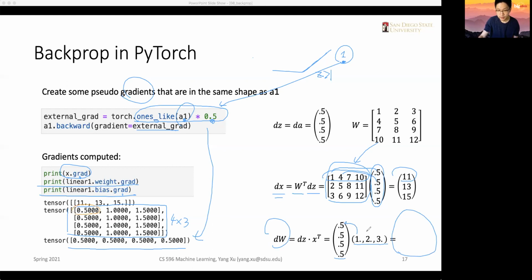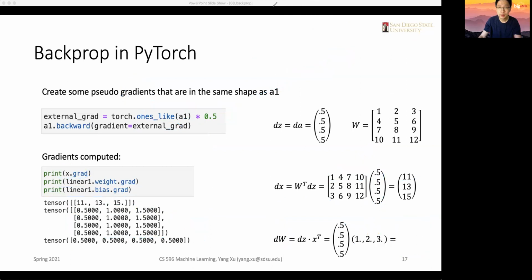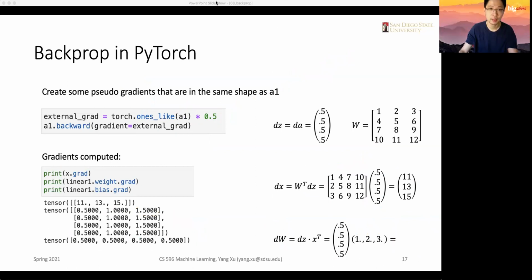And if you multiply 2 with this 0.5, it will be 1. And 3 times 0.5 would be 1.5. And all the rows have the same values. Okay, so that's pretty much for the first layer.